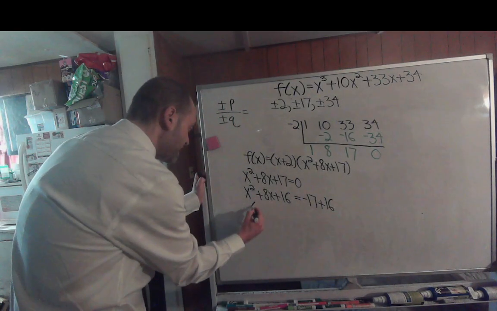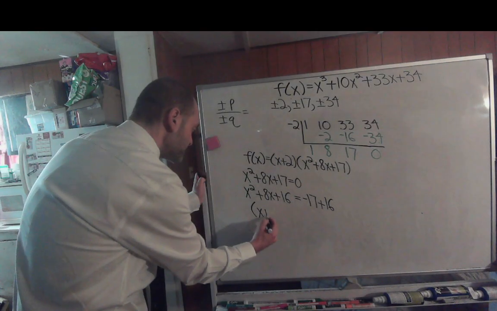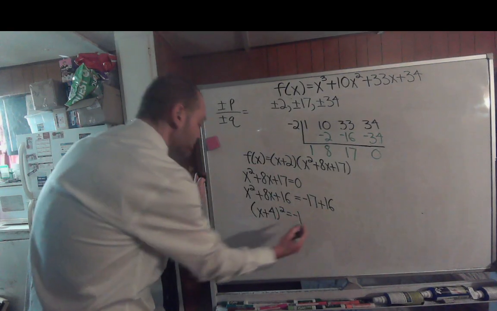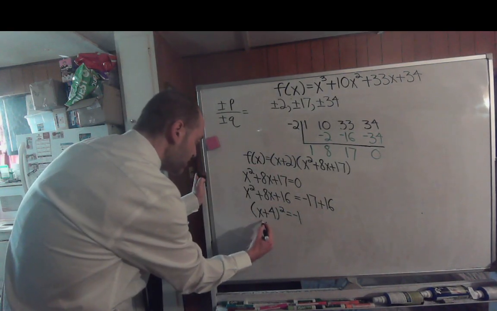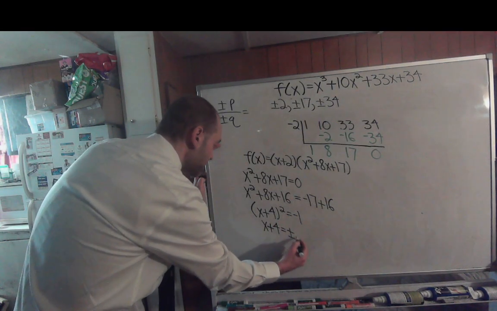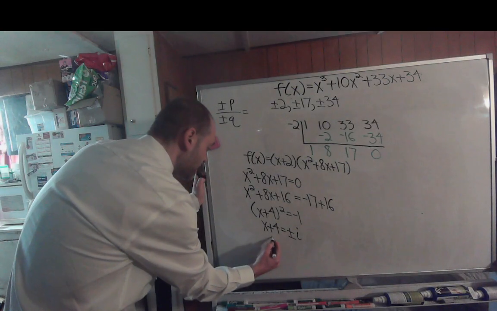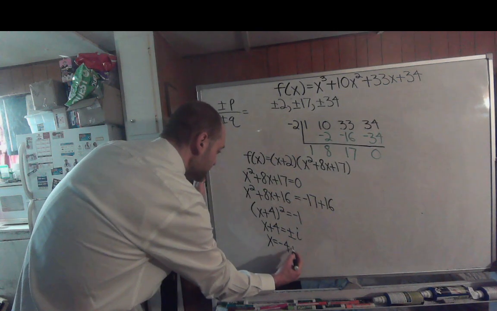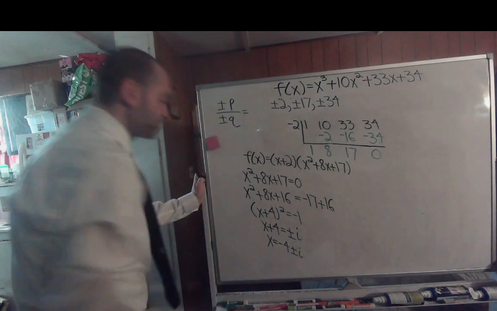So this would factor into x plus 4 squared equals -1. So x plus 4 equals plus and minus i. x would equal -4 plus and minus i.